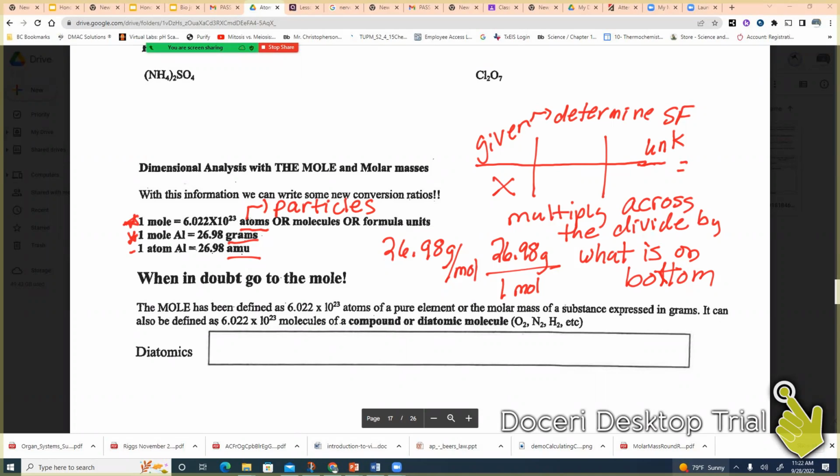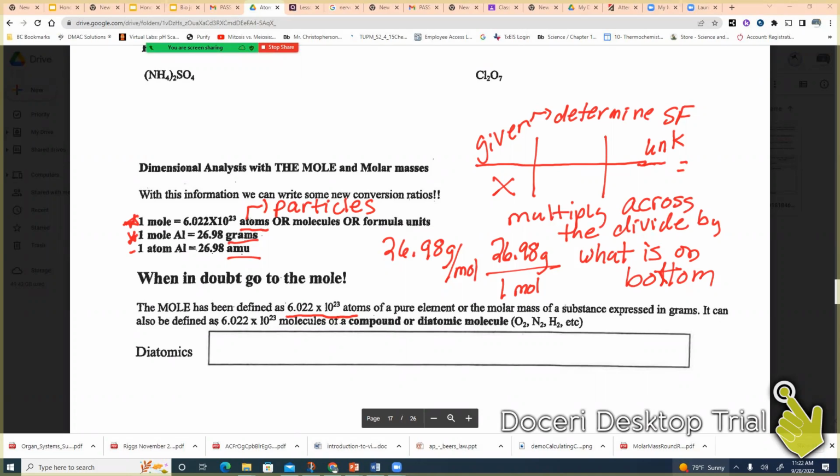So the mole has been defined as 6.022 times 10 to the 23rd atoms or molecules, whatever kind of particle based off of what you have, or the molar mass of that substance expressed in grams. That's what we've been doing, the grams per 1 mole.